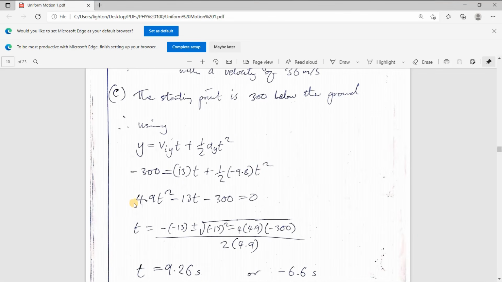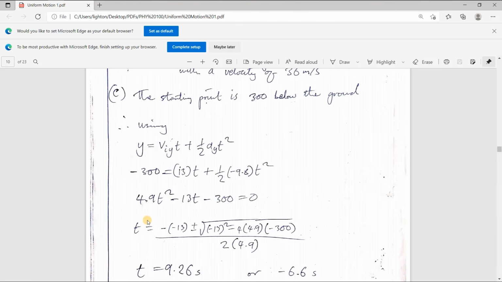Okay, and 4.9t² minus 13t minus 300 is equal to 0. I'm getting this after simplifying and moving everything to the left. So you simplify this, you get that. And when you get that, this is a quadratic equation.